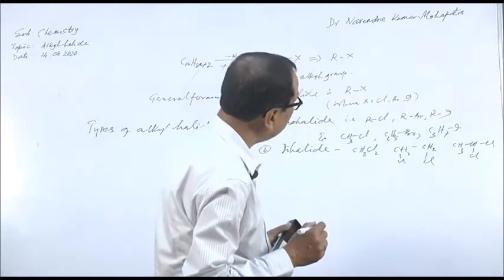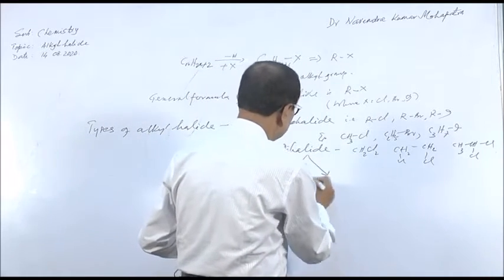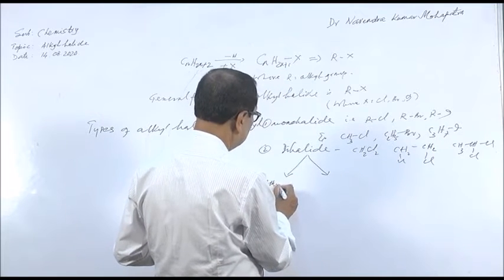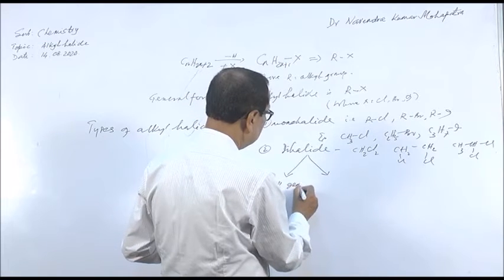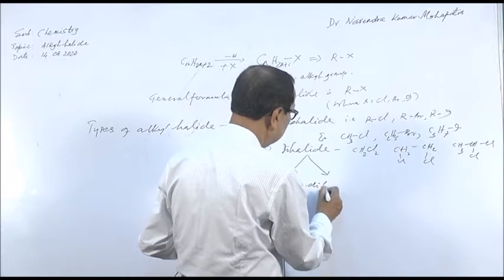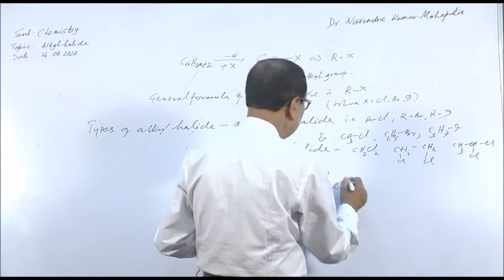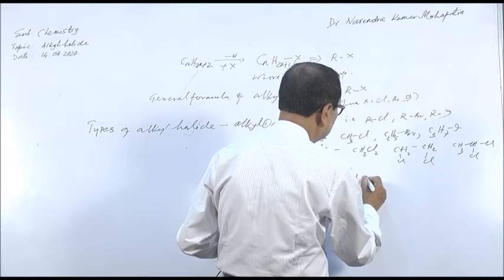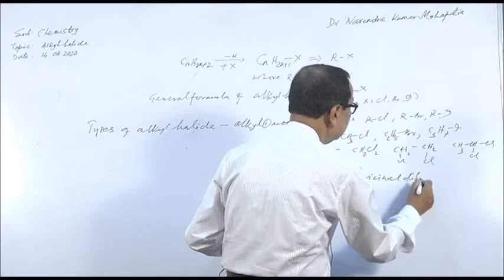So these are dihalides, and these dihalides may be classified as alkyl gem dihalide, or alkyl vicinal dihalide.